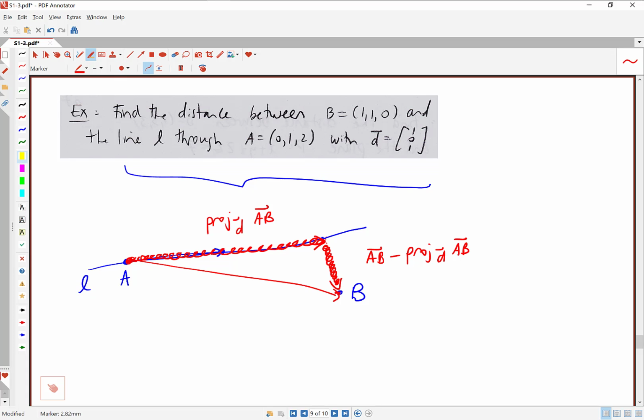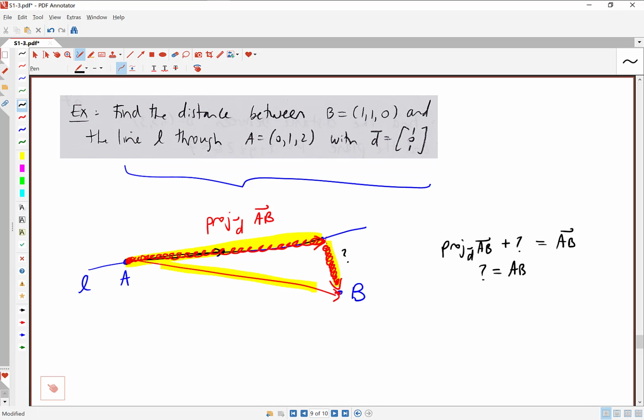I just think about the fact that if I add this and this, we're supposed to be making AB. So this guy would have to be AB minus the projection. If you don't want to do that mentally, you could call this temporarily question mark, and you could say projection onto D of AB plus question mark is supposed to build the vector AB, and then you could solve for question mark, and you could say, yeah, that would be AB minus the projection onto D of AB, if you wanted a really step-by-step approach to figuring that out.